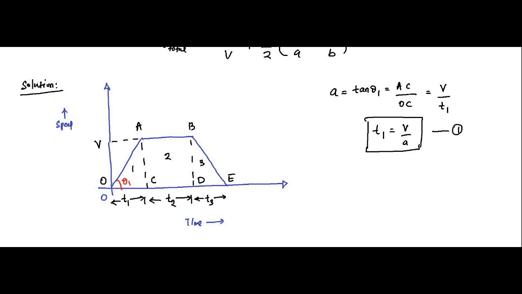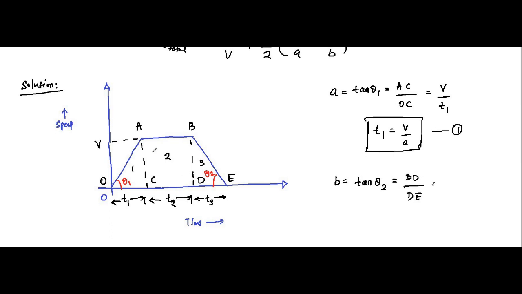Next, in the third phase, let this angle be theta 2. So here the deceleration b, which will obviously be minus, but here I am just concerned with the magnitude, will be equal to BD by DE. Tan theta 2 is BD by DE.